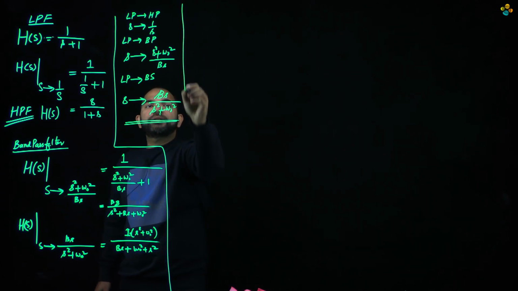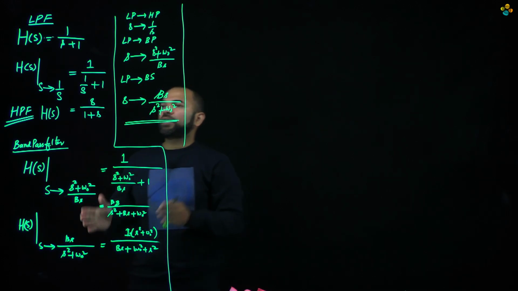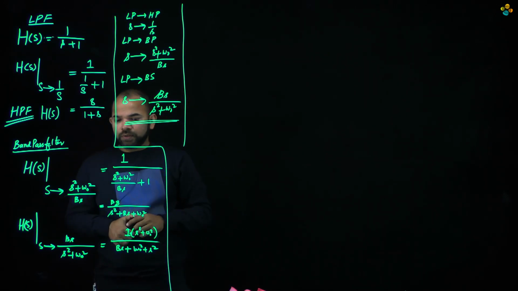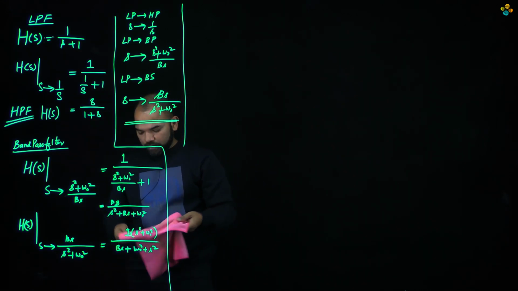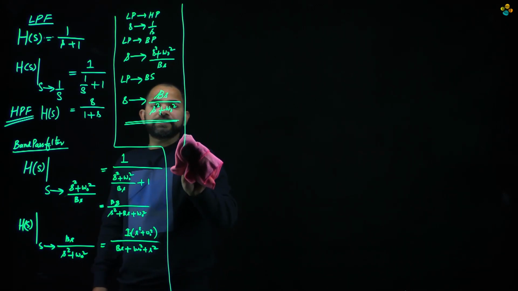So this is the mathematical background of transforming the transfer function to the different kinds of filter. So this is the basic theoretical background. So now we'll see one by one how we can change the low pass filter to high pass filter with some design examples.